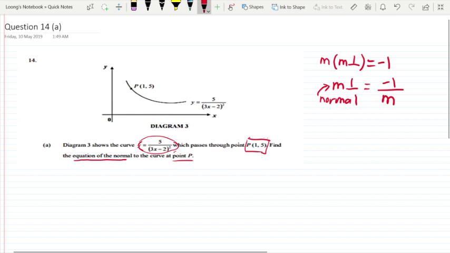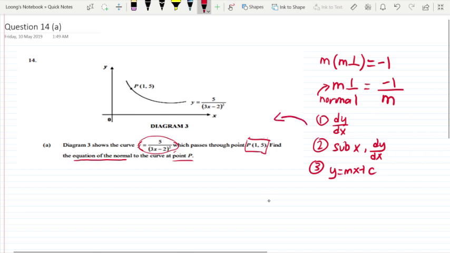Usually when dealing with this kind of question of finding the gradient dy dx, there are 3 steps. First thing first is differentiation, then substitute the value of x into the differentiation, and then complete the equation y equals mx plus c. This applies to all similar questions.